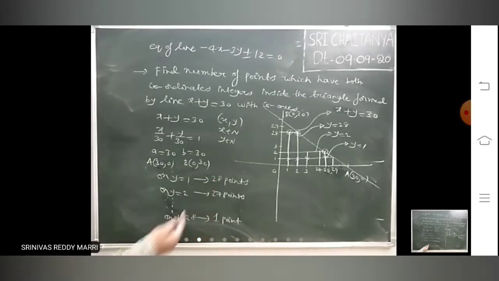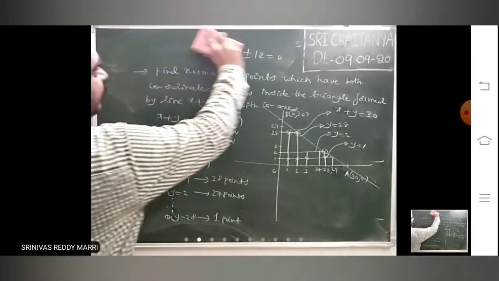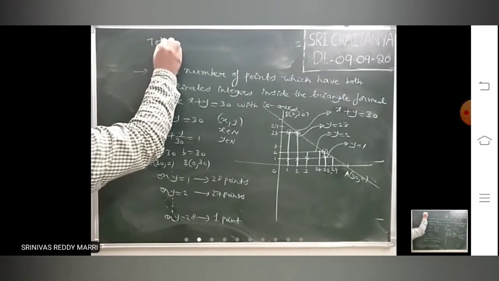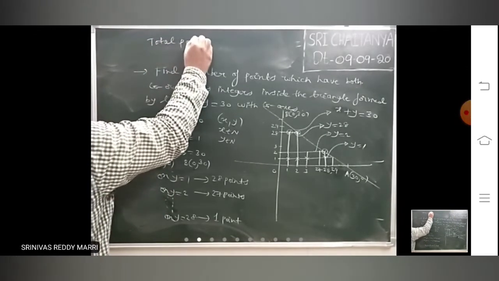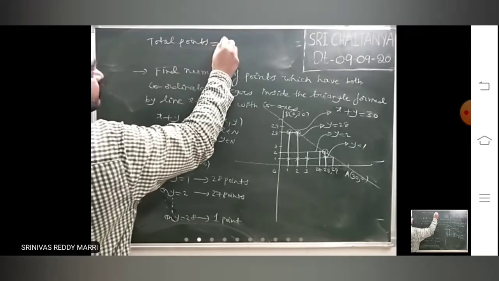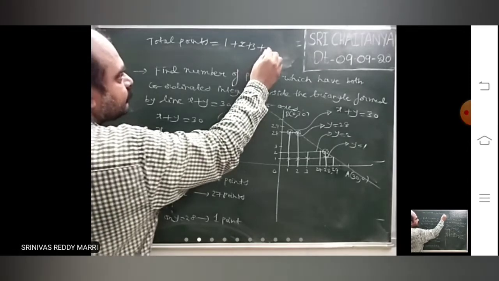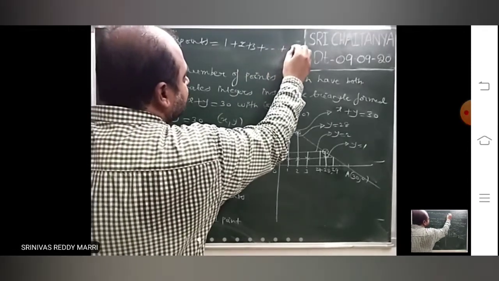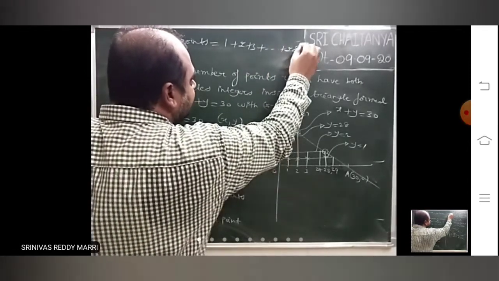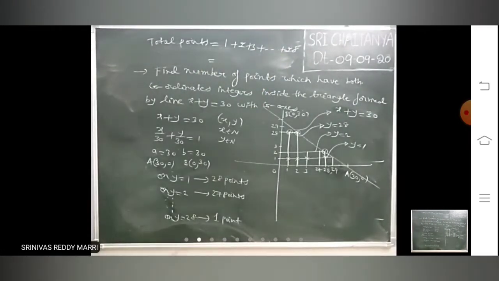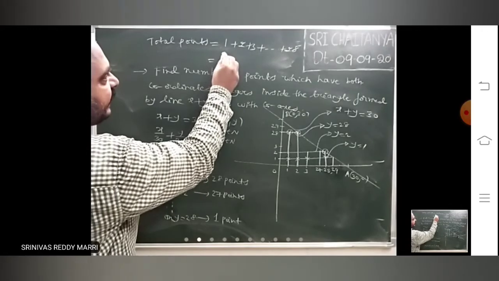So totally how many points? Total points equals 1 plus 2 plus 3 and so on up to 28. This is the sum of the first 28 natural numbers.